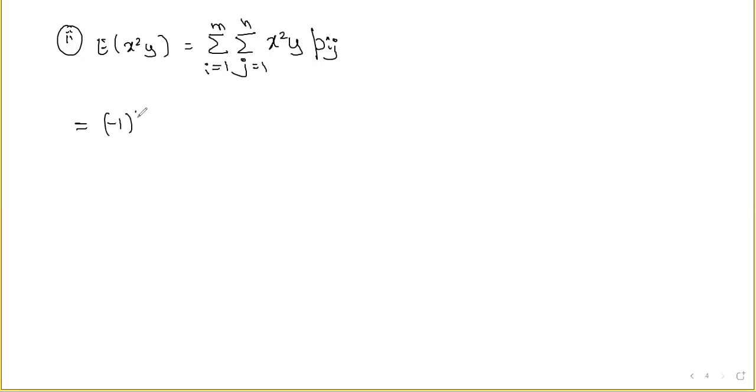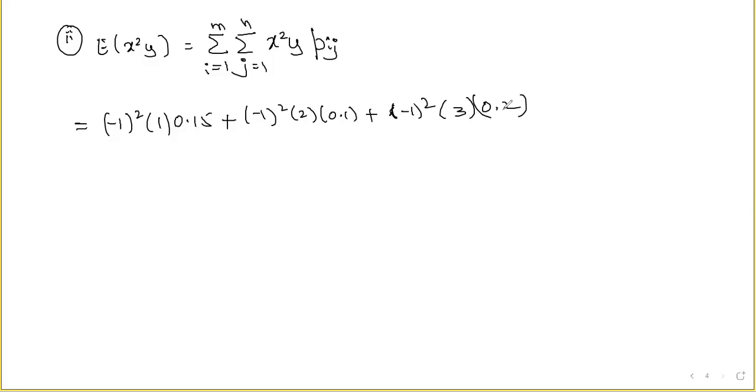So first x is -1. So -1 square and y is 1 and its probability is 0.15, plus -1 square, y is 2 and its probability is 0.1, plus -1 square, y is 3 and its probability is 0.2. Right?